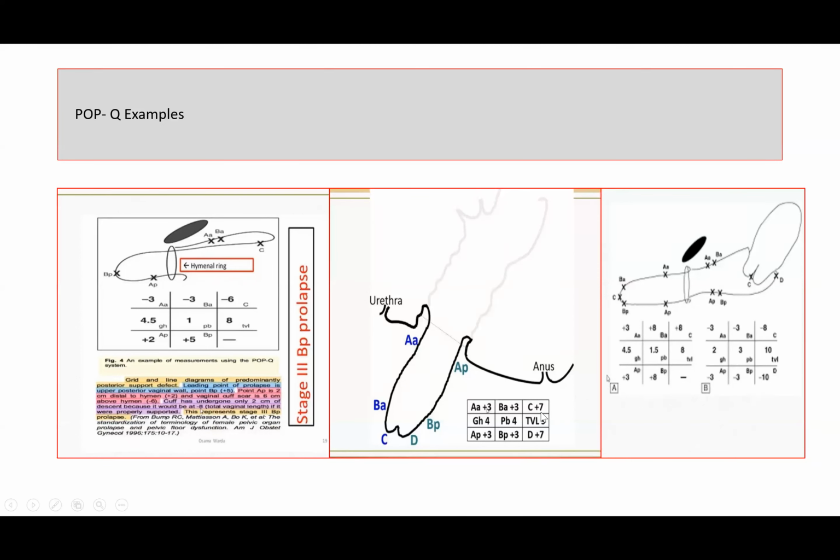So this is stage 4 prolapse. This one is apical prolapse, stage 4. Coming to your posterior vaginal wall, again, this is stage 3 prolapse and this is stage 4 prolapse.